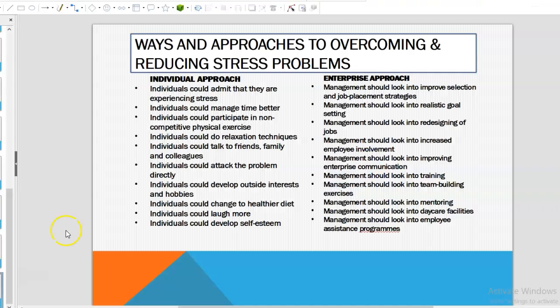What are those 10 approaches? You see, 10 approaches. How many are here? 1, 2, 3, 4, 5, 6, 7, 8, 9, 10. Exactly 10. And they said the enterprise approaches, so they are seeking for that.